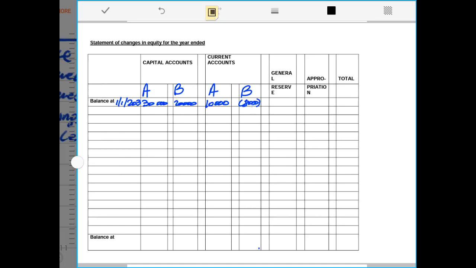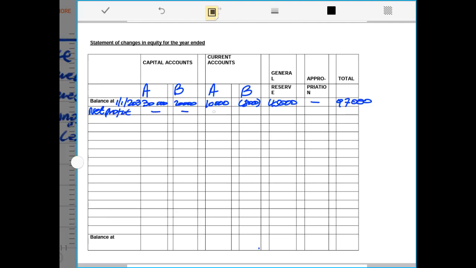Make sure that when it's a debit balance, you record the 8,000 as negative. General reserve is given to be 45,000 rands, and the total of the three will be 97,000 rands. Then after, we record the net profit.